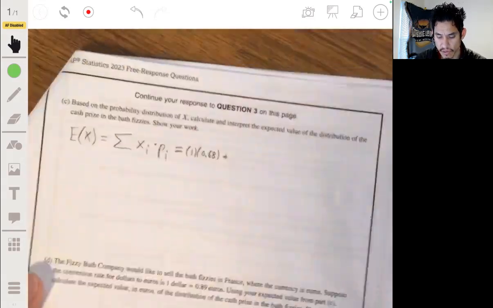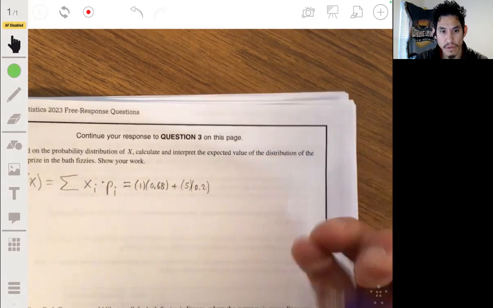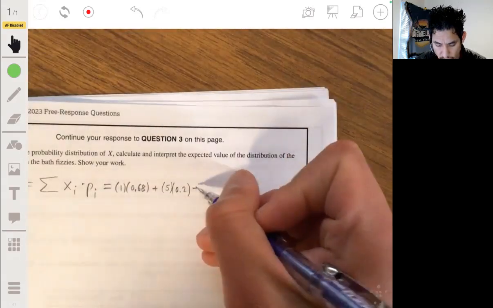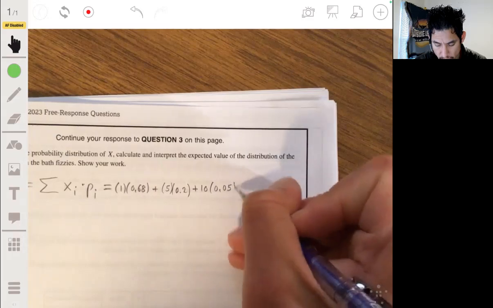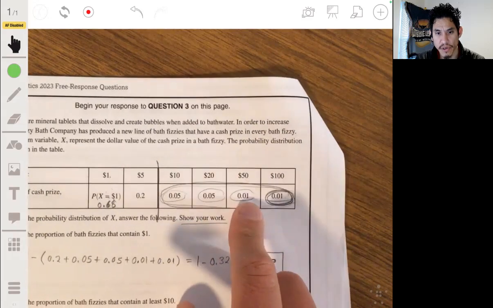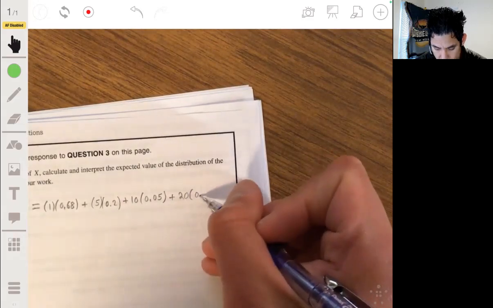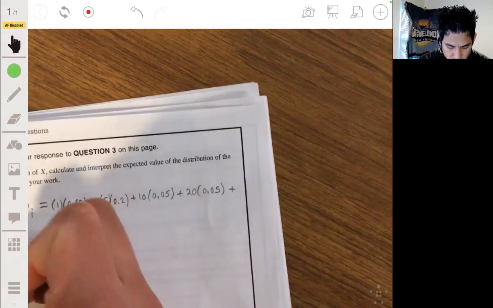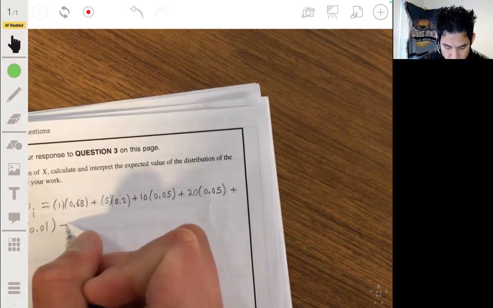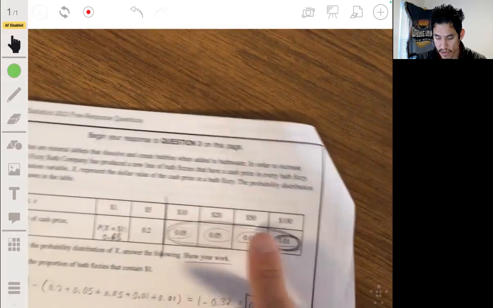$5 times 0.2, plus 10 times 0.05, and so forth: plus 20 times 0.05, plus 50 times 0.01, plus 100 times 0.01. Oops, not times 50, it's 50 and 100.